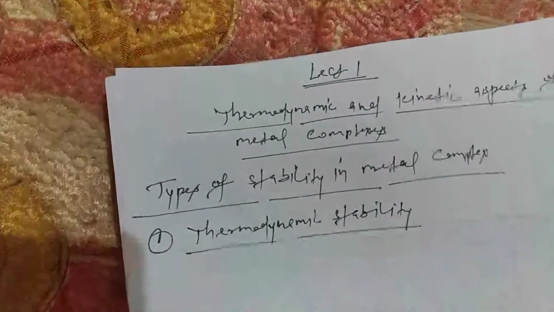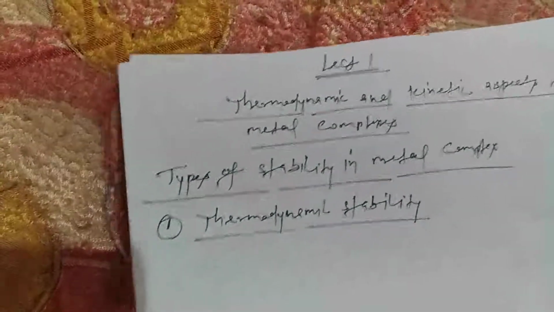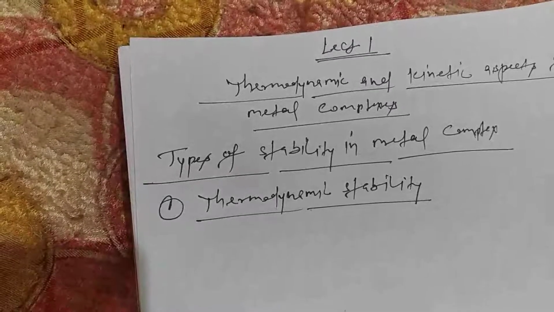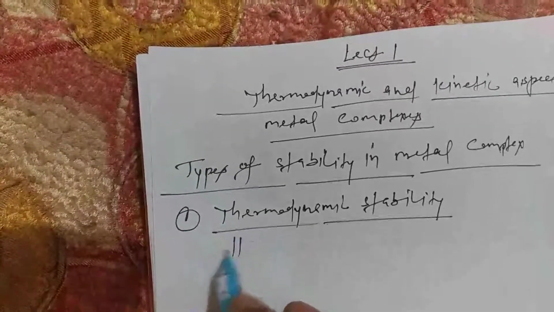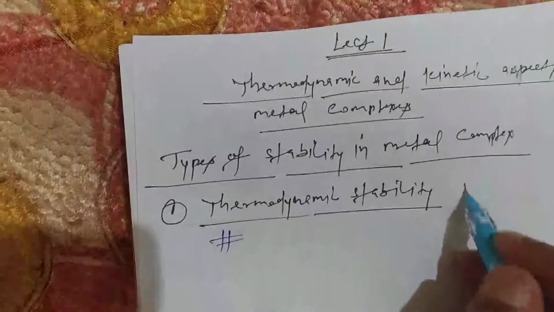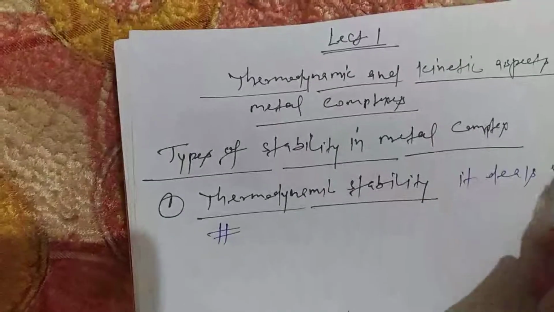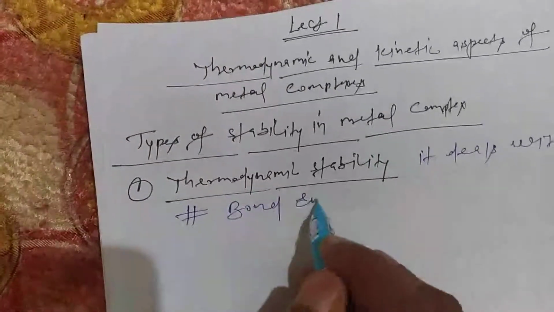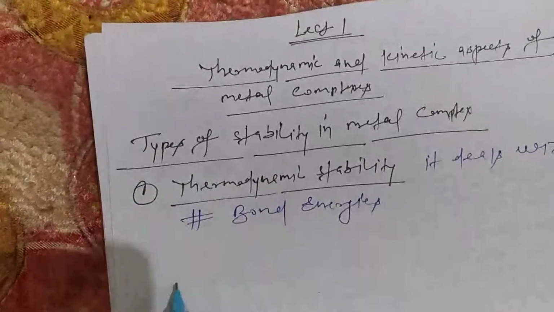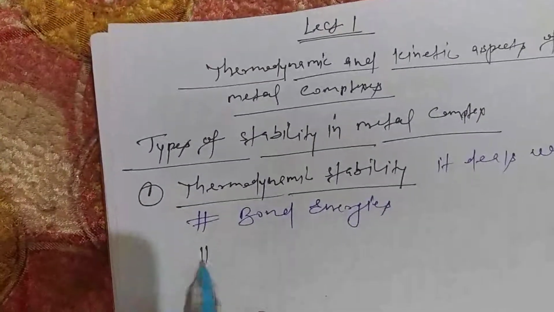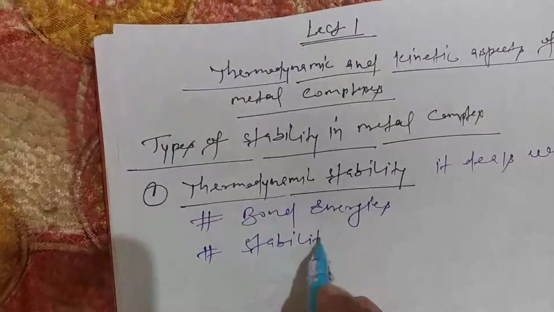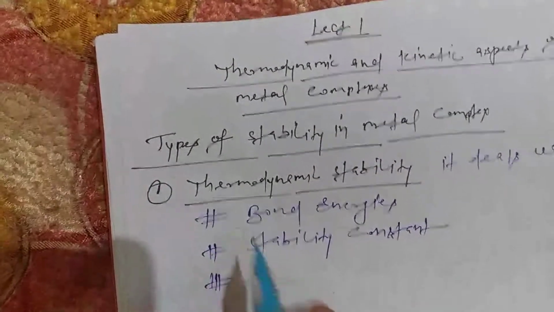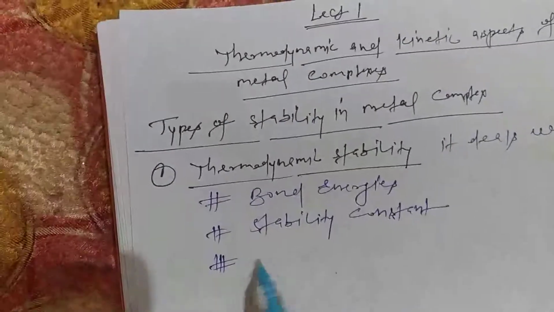The thermodynamic stability deals with bond energy, then the stability constant, and the third one is redox potential.